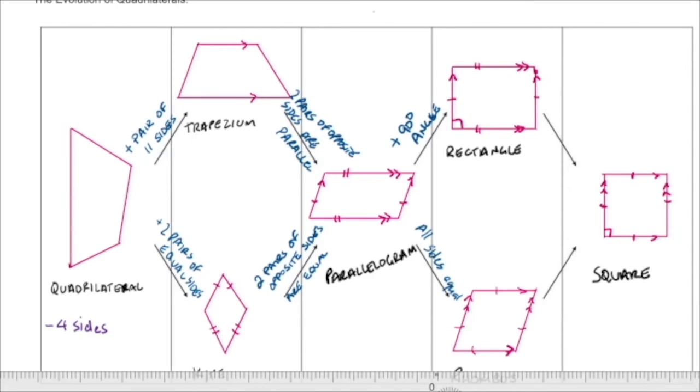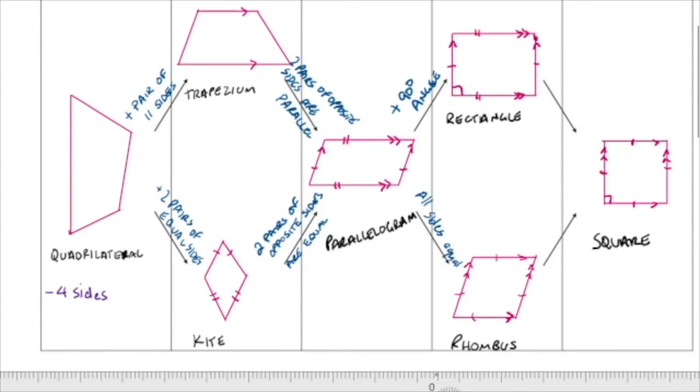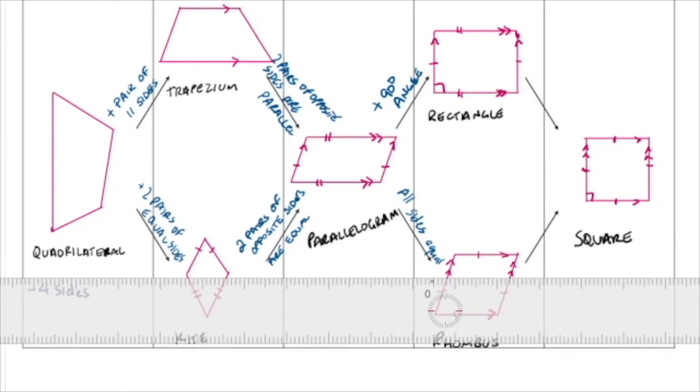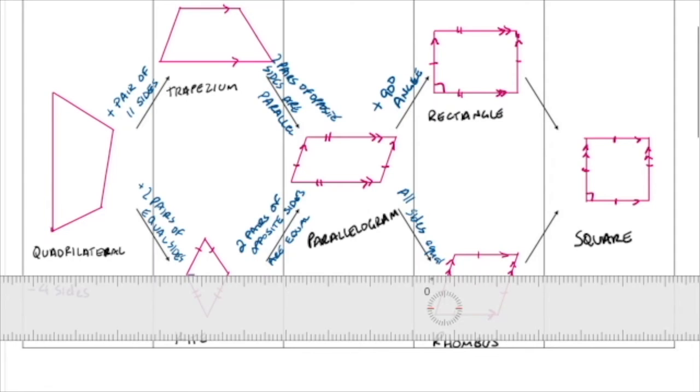Okay, we've got one last little thing to talk about in terms of these shapes. So 3 of these shapes actually have a very similar feature in terms of the diagonals. So let's have a look at our shapes. If we look at our kite, we'll look at the kite and we draw in some diagonals.